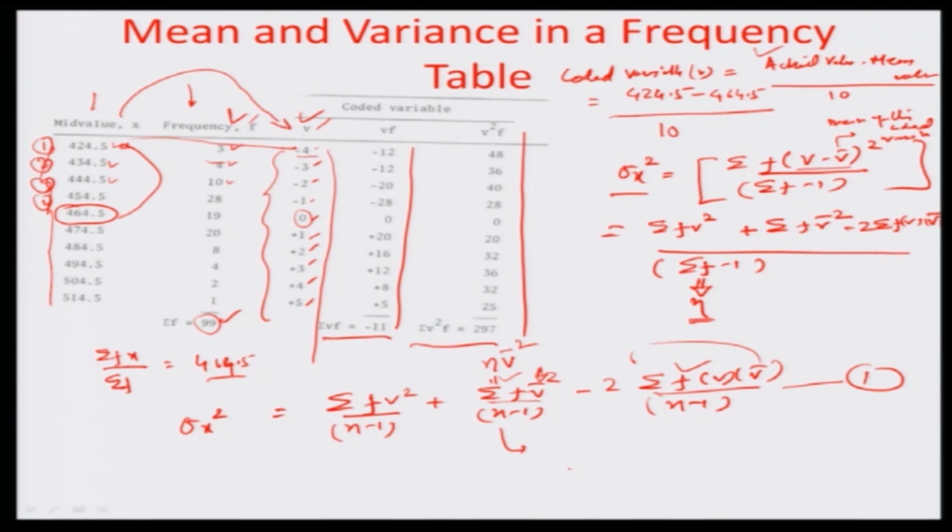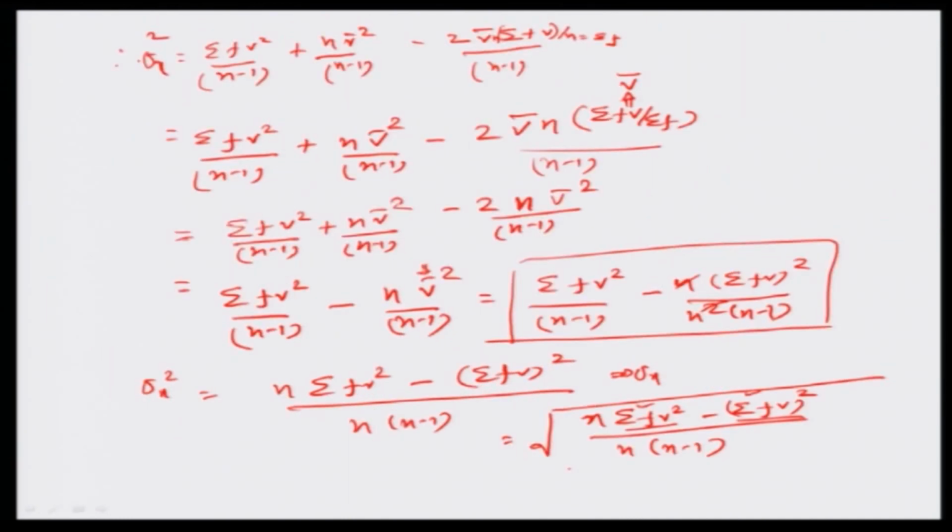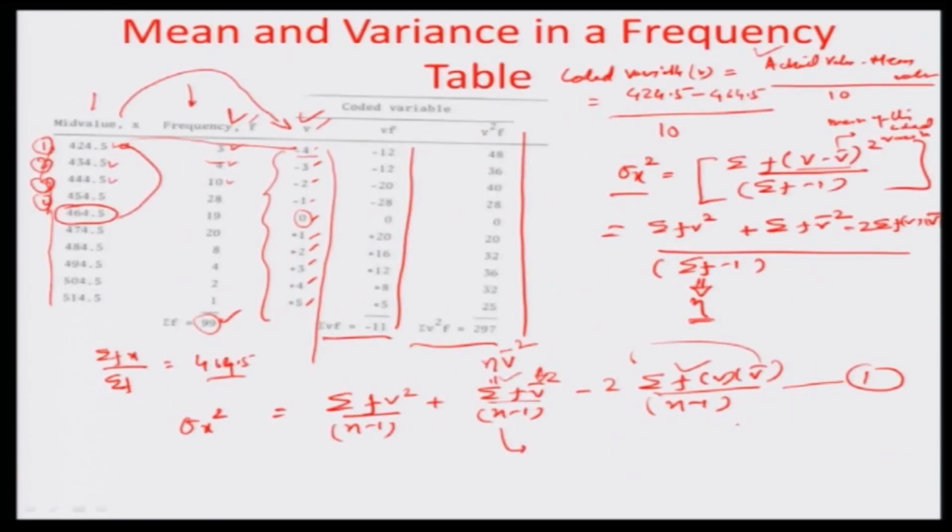In fact, the standard deviation can simply be calculated by using the formula obtained in the last step here, which is n times of sigma f v square minus sigma f v whole square divided by n times of n minus 1.